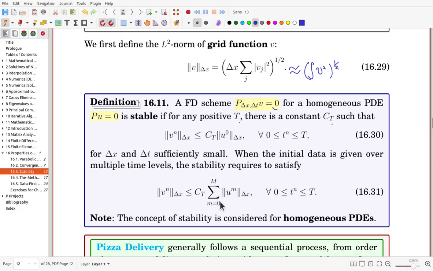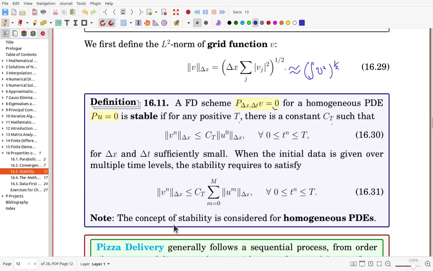There are m plus 1 time levels, and the initial energy is given, then this is the whole energy. Once the whole energy is given, then later the solutions are bounded by the energy given in the beginning. So this is stability, but we'll use the first one mostly because there is only one level in the beginning, when t equals 0, the initial condition is given.